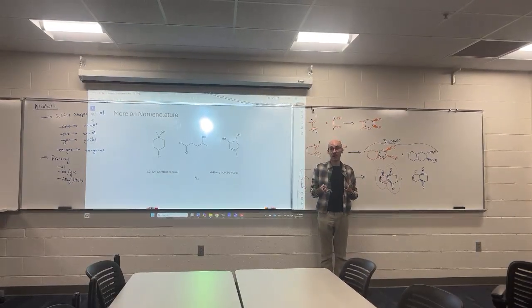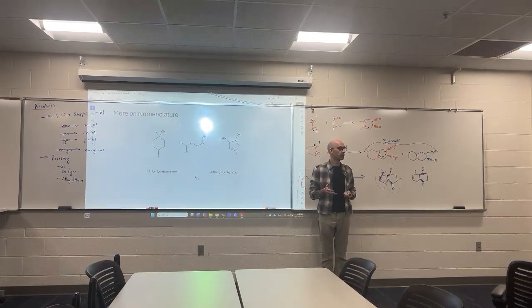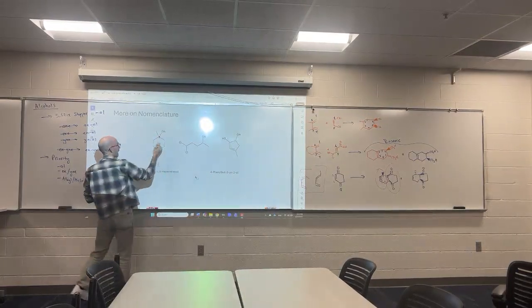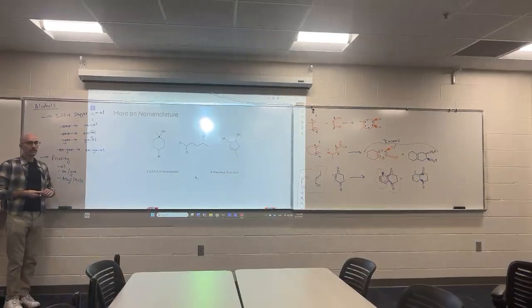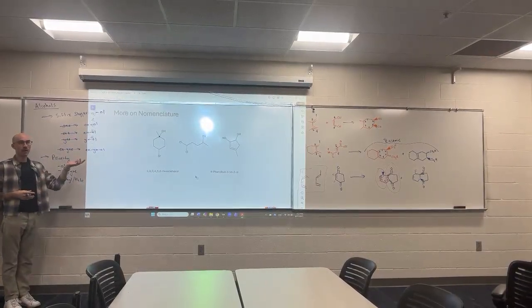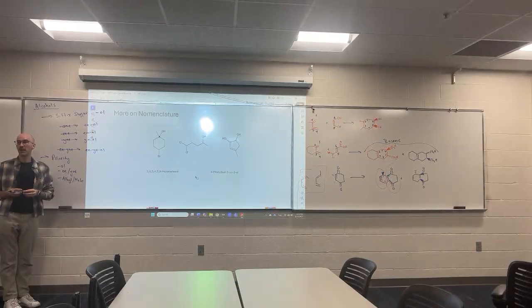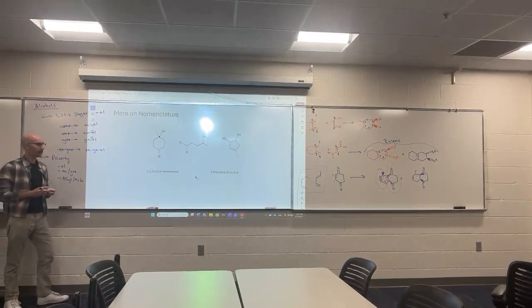Just go to the highest priority group. And so if there's an alcohol, that is position 1. It can be assumed. It wouldn't be wrong to add it in, but it's not necessary. So then relative to that alcohol position, I have a methyl at position 1, a bromine at position 4. It does not matter how I number this. There's only one name here.